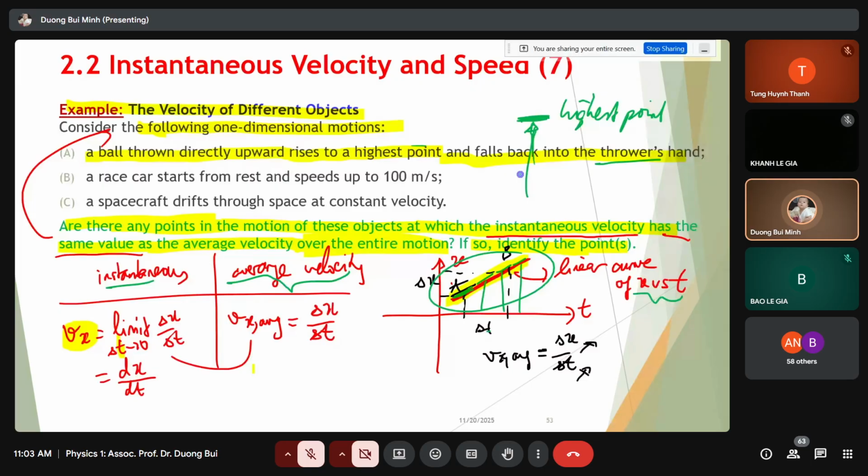So if you look at the top of the motion, we have this linear curve, right? This is linear.